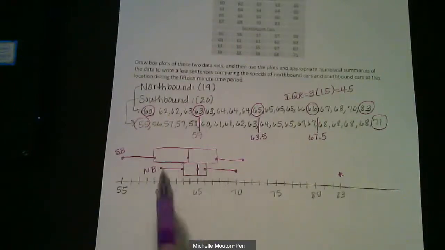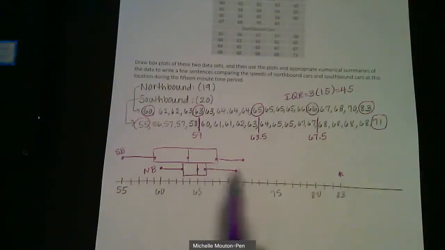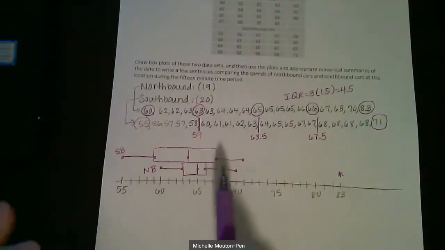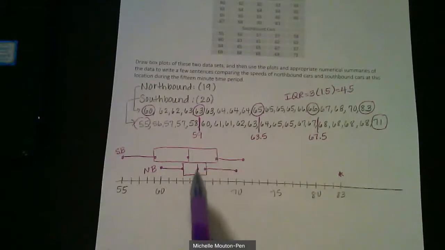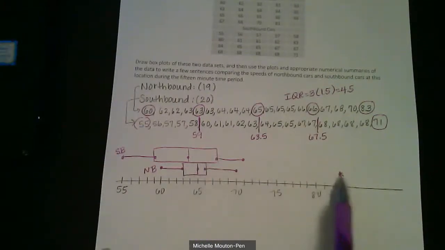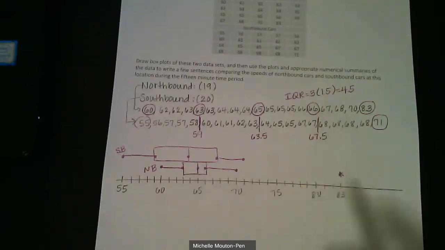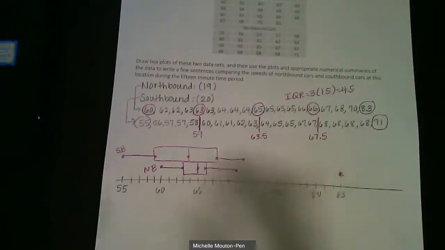But whenever you go down here to your northbound, it's not too bad. Our median is a little bit to the right in between our quartiles, but this outlier makes things a lot different for the northbound.